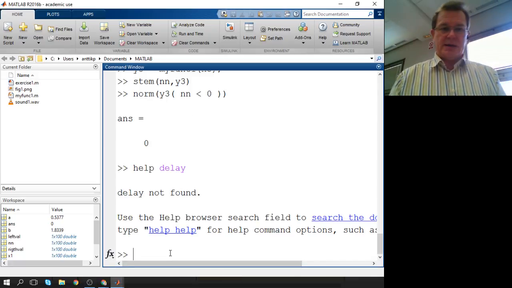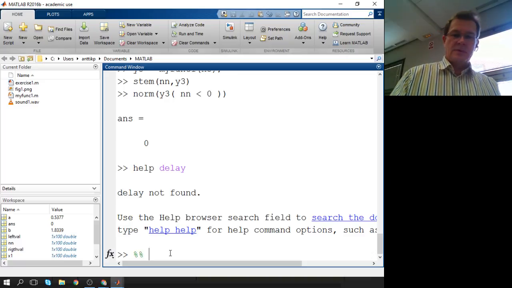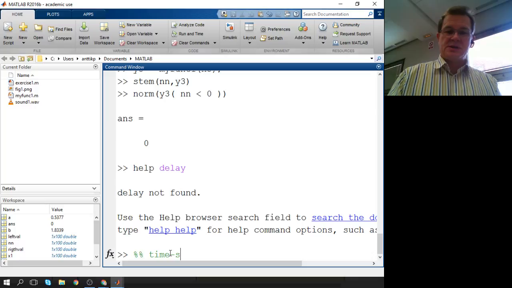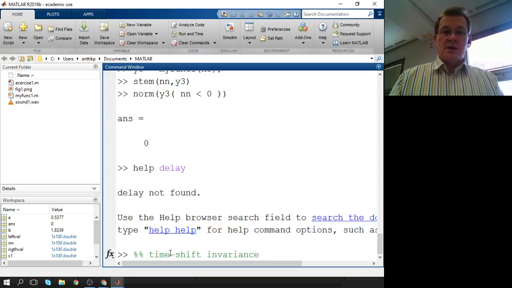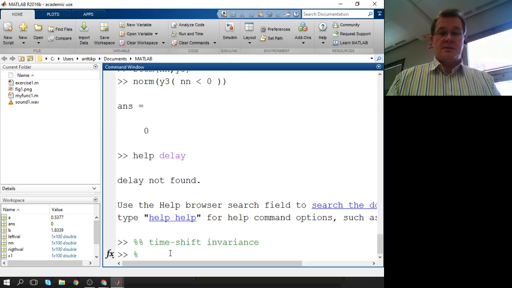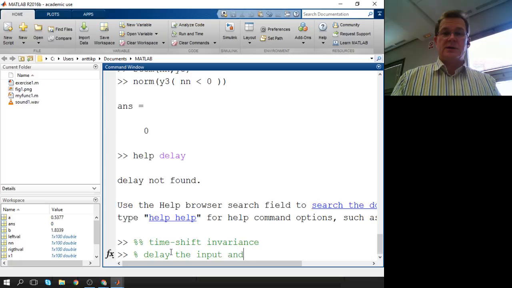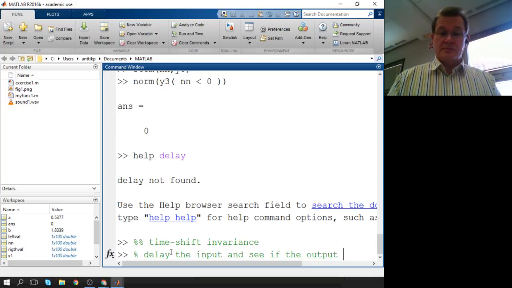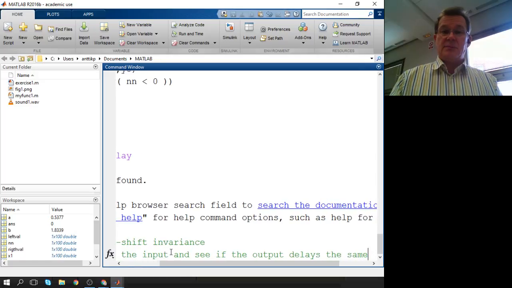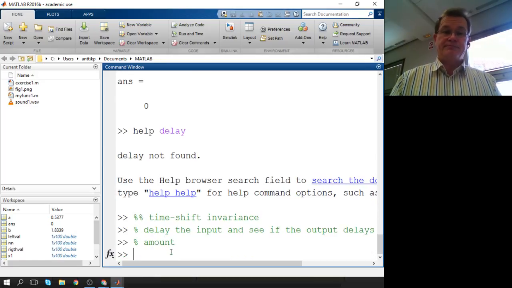Time shift invariance. Delay the input and see if the output delays the same amount.